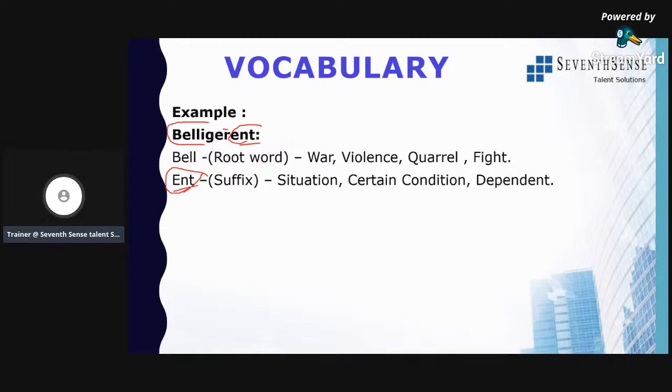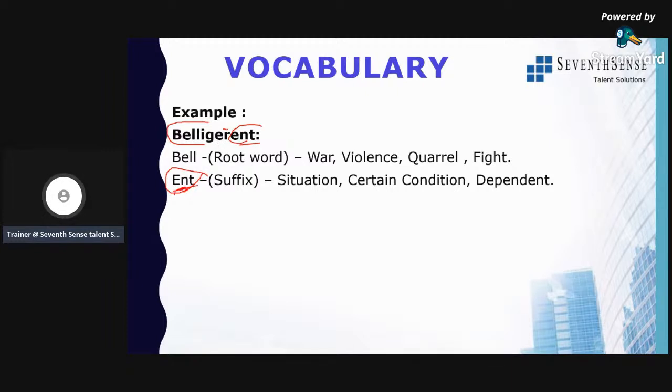If you find some difficult words while reading newspapers and novels, that time you have to use this trick: suffix, prefix and root word. Try to remember the meanings of most root words, suffixes and prefixes, right?